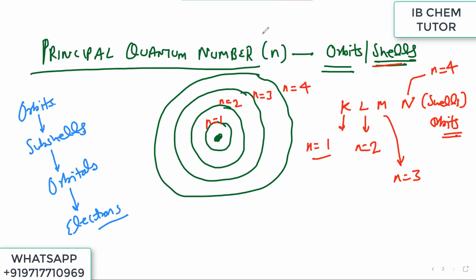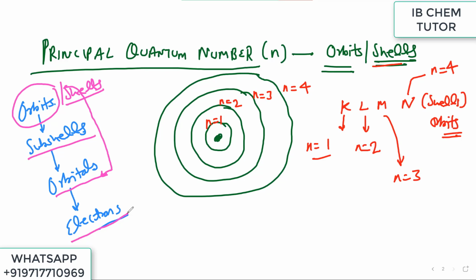So, from this you can understand that to locate an electron, you have to reach up to the orbitals, because orbits or shells will have subshells. Those subshells will have orbitals, and these orbitals will have electrons inside them.